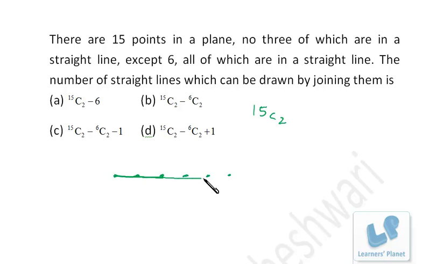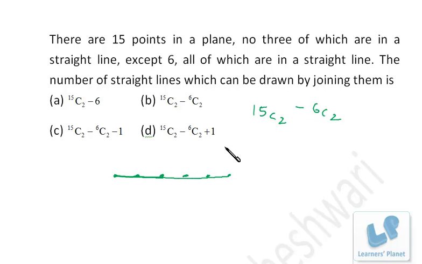Similarly, if I join all the points, I'll get one line. So all the lines formed by combining other points will be hidden under the complete line. So I need to deduct all the combinations formed by these 6 points. So I deducted 6C2.